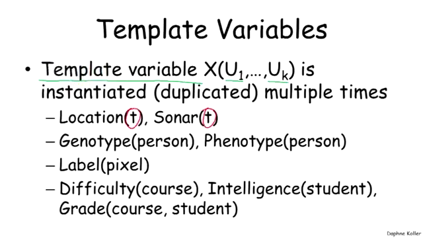So here we have a location variable that's indexed by a time point, or a sonar reading that's indexed by a time point. We have, in this case, a genotype variable and a phenotype variable that's indexed by a particular person, a class label that's indexed by a pixel, and similarly the difficulty, the intelligence, and the grade that are indexed, in this case, by different combinations of indices, course-student pairs.